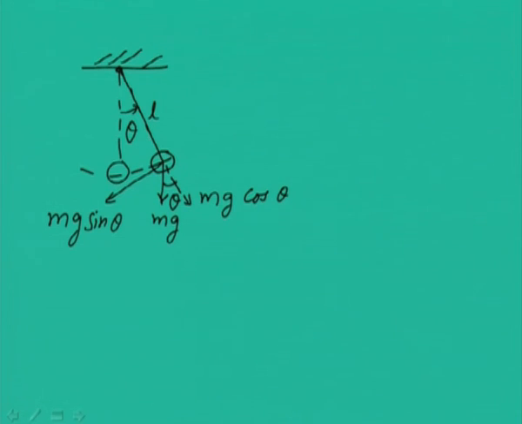If you take the mass free body diagram, we will have a tension in the cord, and because this bob has no motion in the radial direction, if we take the force balance, T will be equal to mg cos theta. Directly in the radial direction, T is equal to mg cos theta, but because it has motion in the tangential direction, there we have to apply Newton's second law of motion.